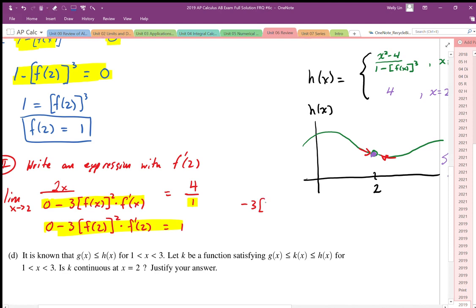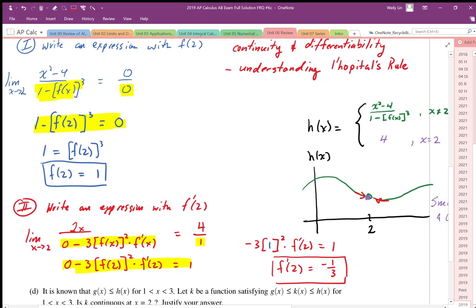So I'm going to plug in my 1 in here. 1 squared times f prime of 2 is equal to 1. I can solve for f prime of 2. f prime of 2 is equal to negative 1 over 3 when I solve that. So there is my f prime of 2. I've got f of 2. That's what the question is asking for.